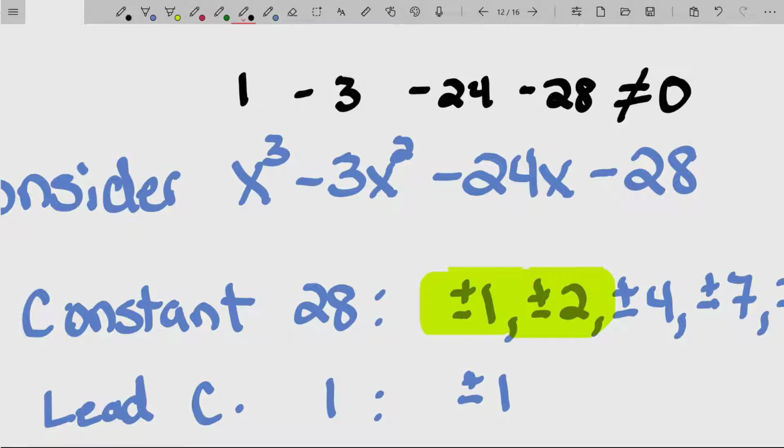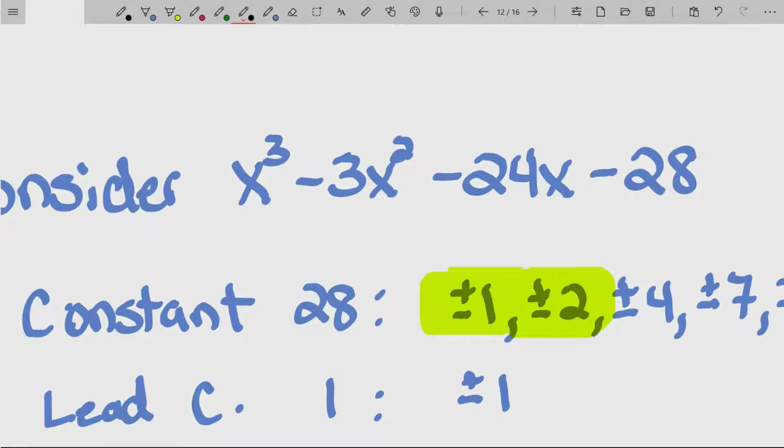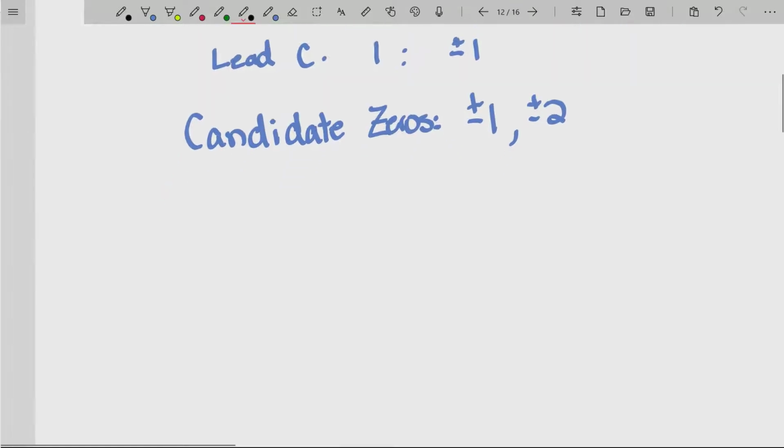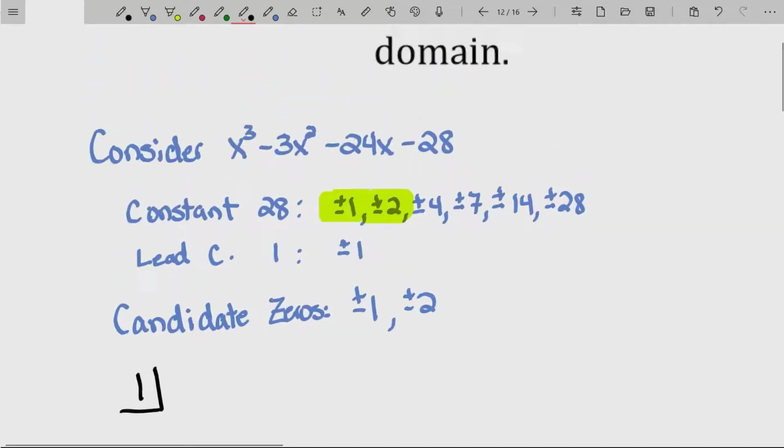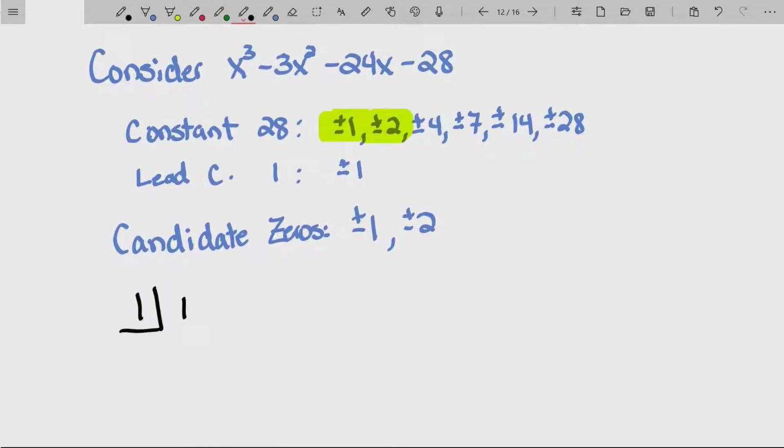If it is a zero, it will turn that polynomial into 0. But we know it doesn't. That's the same thing had I just checked with synthetic division here. Had I tried the 1, our coefficients are 1, negative 3, negative 24, and negative 28.